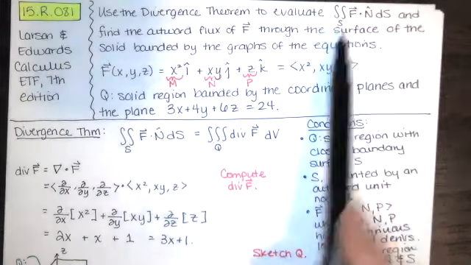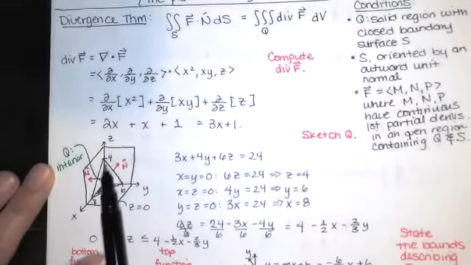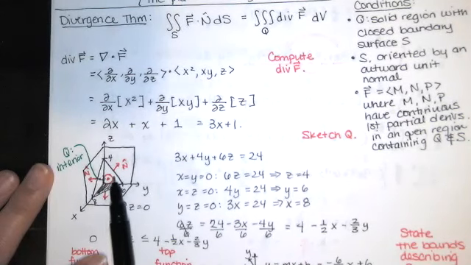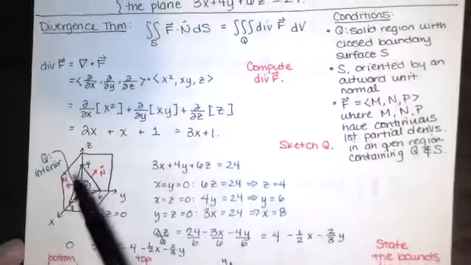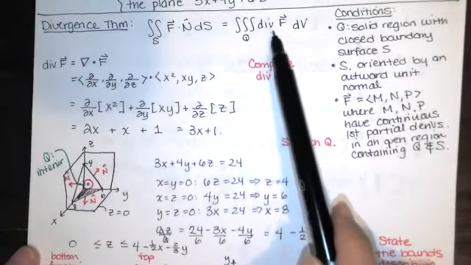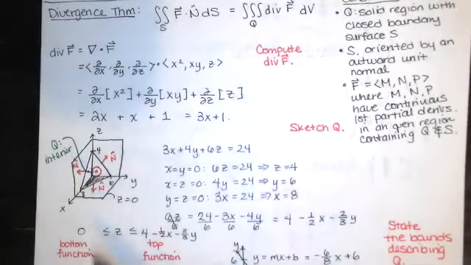According to the divergence theorem, rather than evaluating these four surface integrals, the divergence theorem says, don't do that. Just compute the divergence first and evaluate the triple integral over Q. So we did all of that.